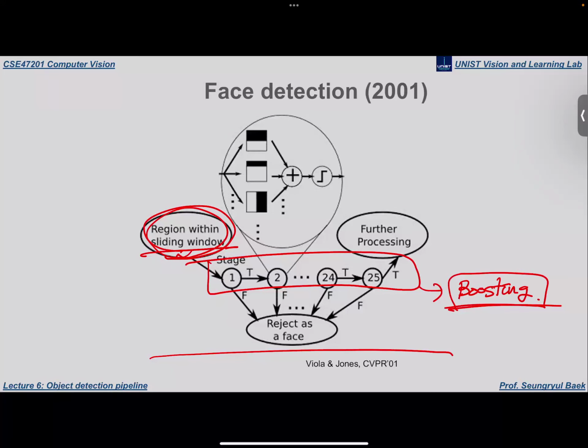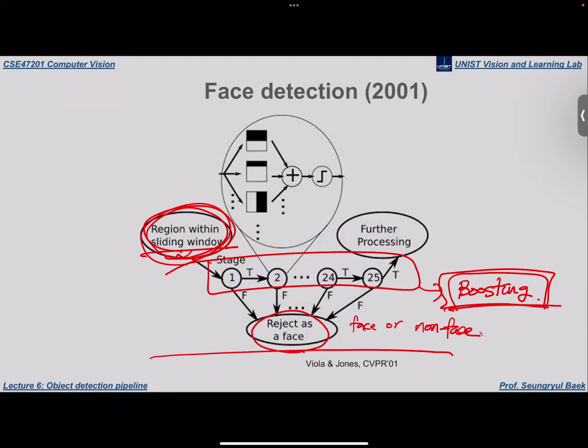So it will classify the input image, using its extracted features, as face or non-face.